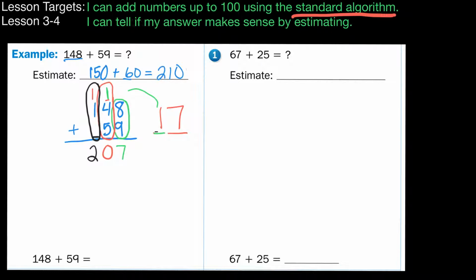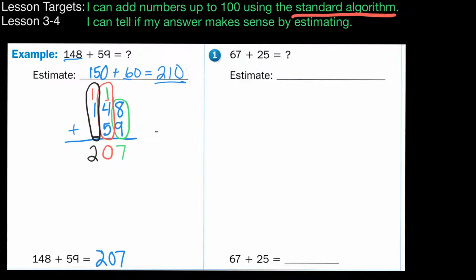I'm going to write my answer down below, 207. And I'm thinking in my mind, is that answer reasonable? Here's how I'm going to think about that: I can see 207. Is that close to 210? Yes, 207 is close to 210, so I'm probably right.